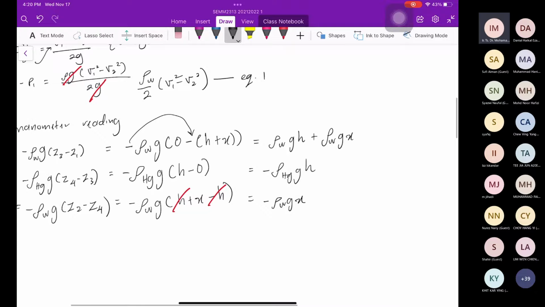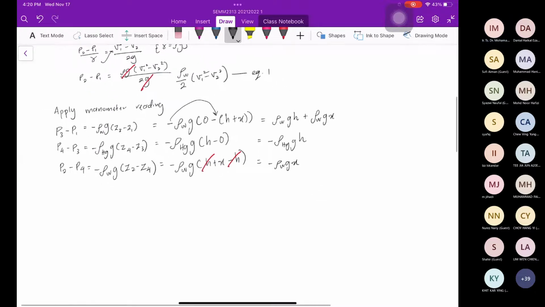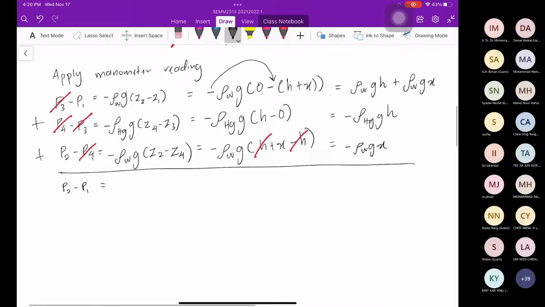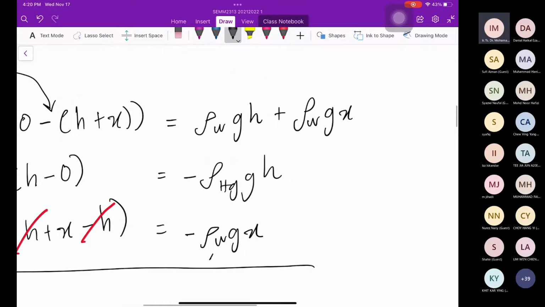Okay, so I plus everything. You can get P3 cancel, P3, P4, P4. You will have P2 minus P1 equal to this one. You will have cancel with this one.